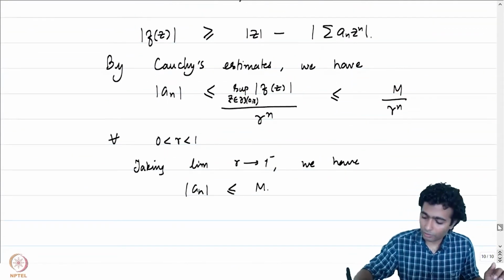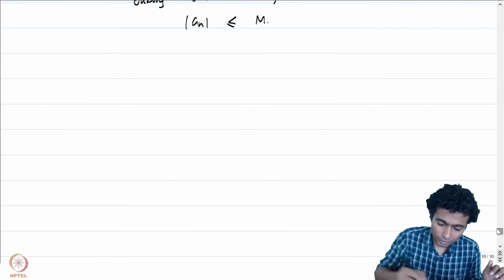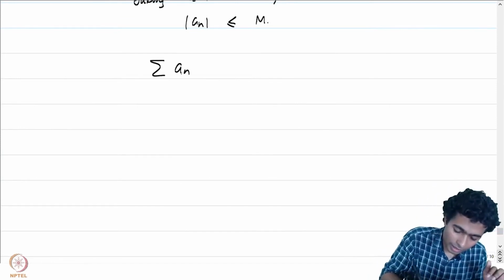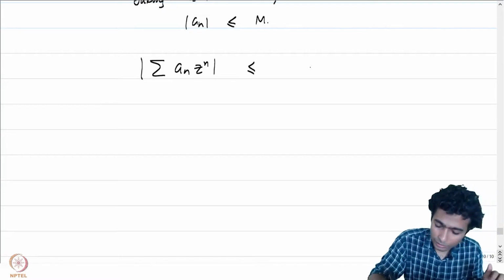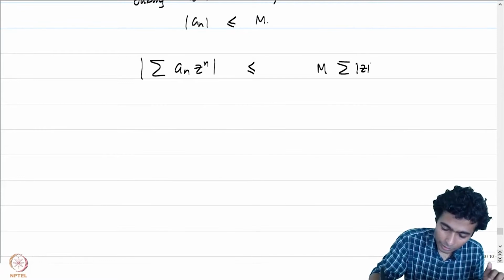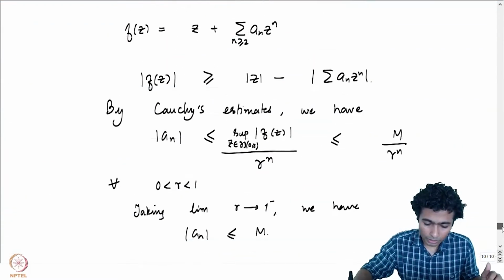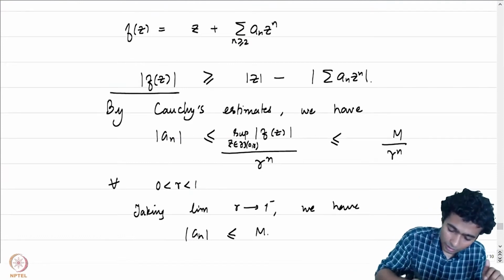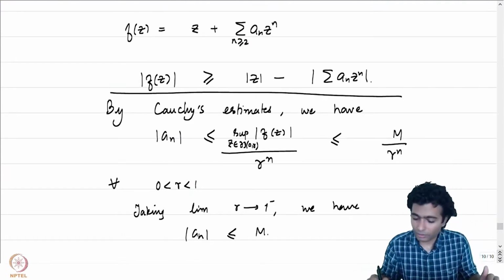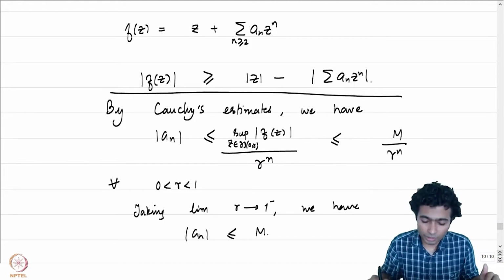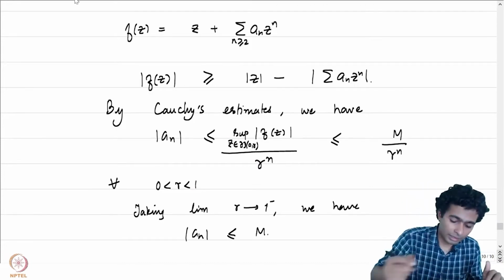And therefore, what we have is the following summation. The absolute value of the summation a_n z to the power n is less than or equal to M times the summation of mod z to the power n. Therefore, let's get back to the inequality we are interested in. Mod f of z is greater than or equal to mod z minus this.